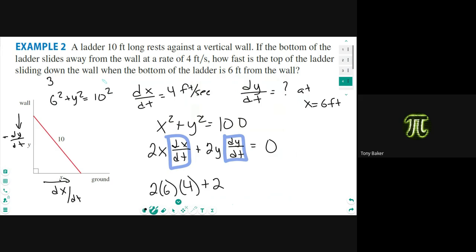3, 5. So this would be a what? What's the special Pythagorean triple, the one that is always seen? 3, 4, 5. So this is going to be 8.